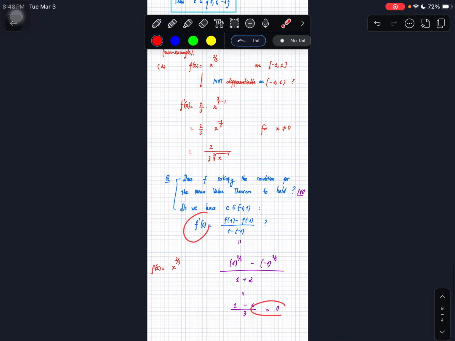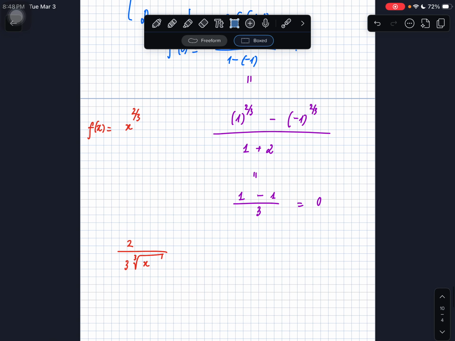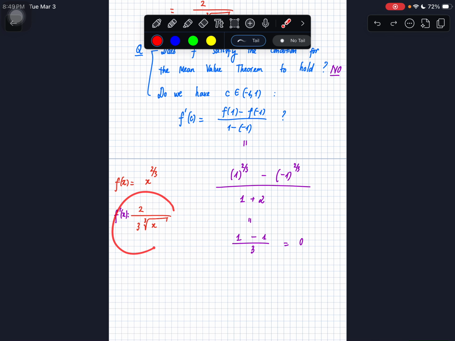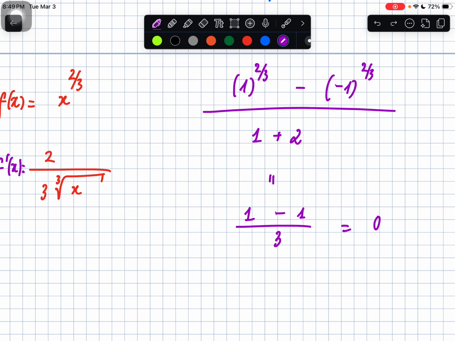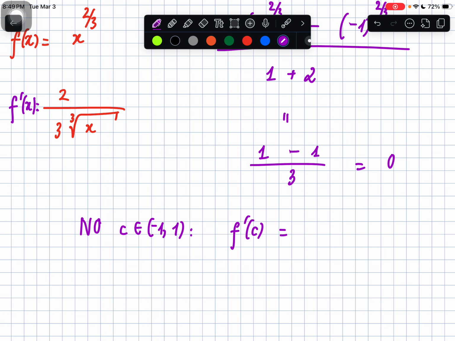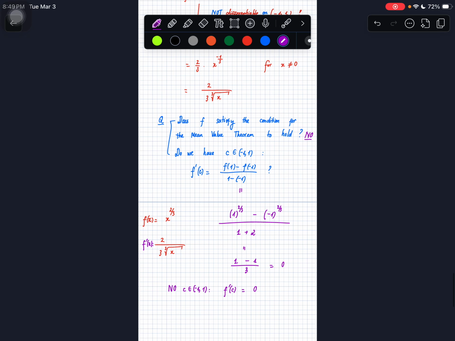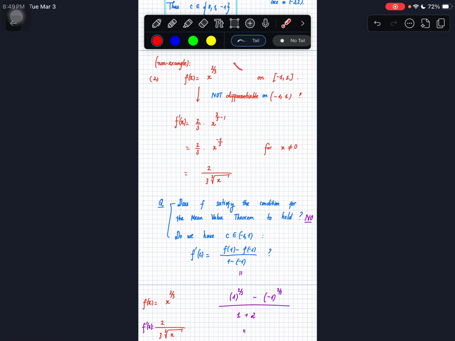We know that f prime of x equals this one, and therefore no value c so that this can be 0. So we see that for this function, we cannot use the mean value theorem because it doesn't satisfy the condition for the theorem to hold.